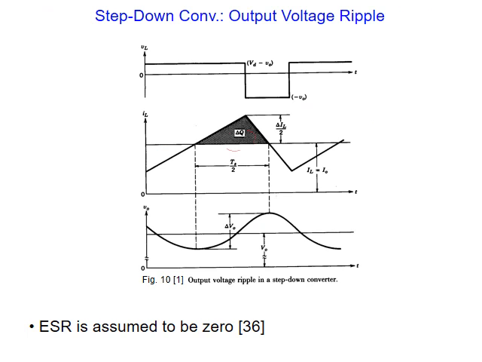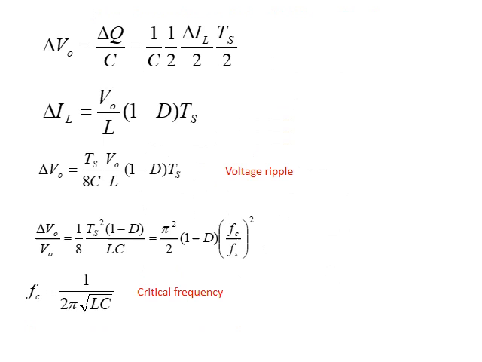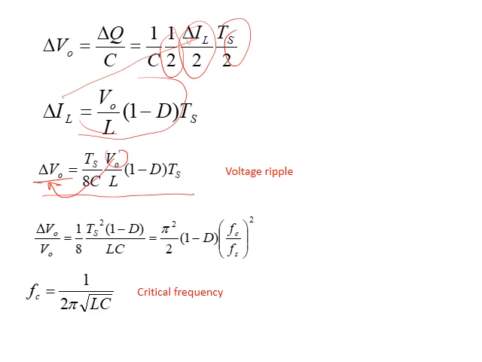We find delta Q here by multiplying this part by this part, triangle, one over 2. You see here 1 over 2, this part by this part. Now let's use the formula for delta IL and substitute here. We got this formula. Let's simplify, taking VO down here. We got normalized value.